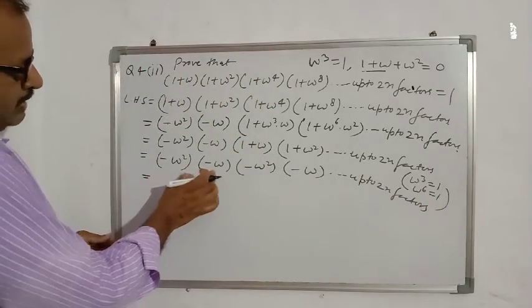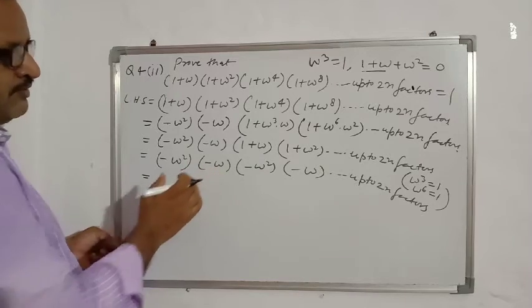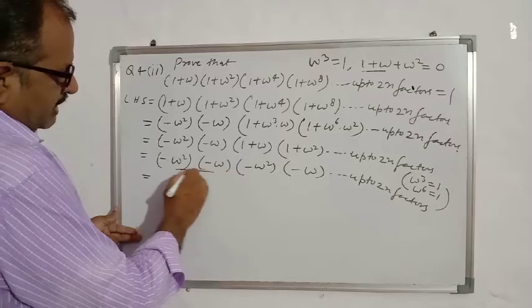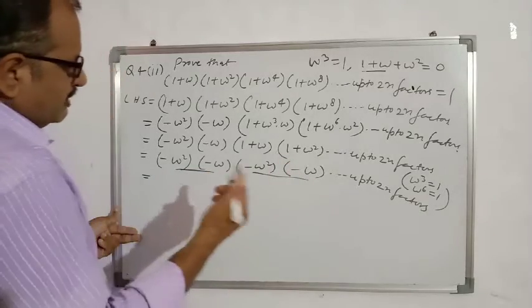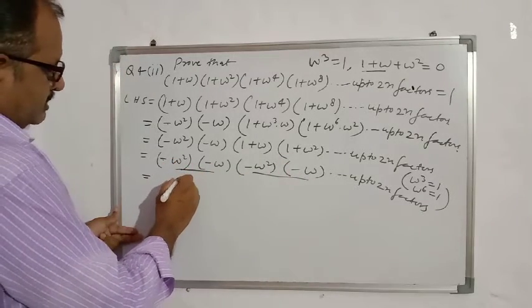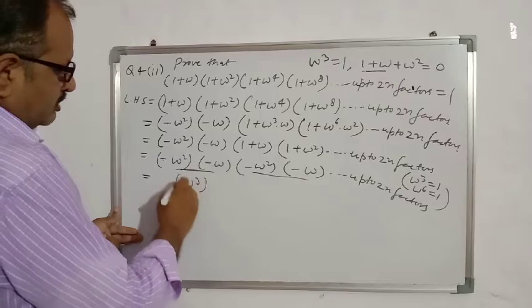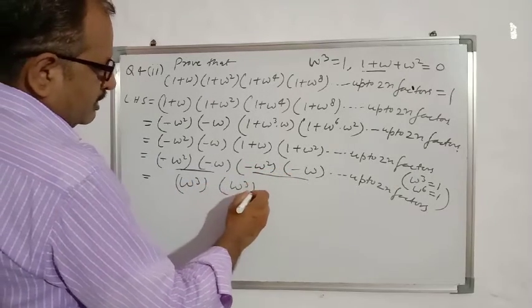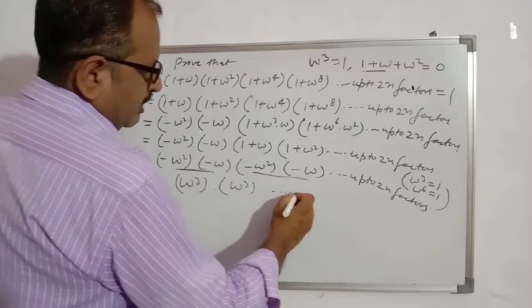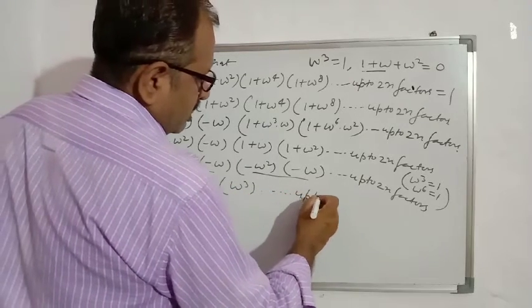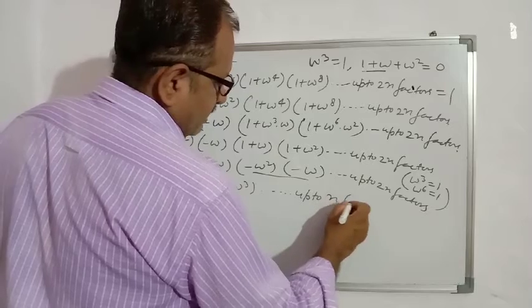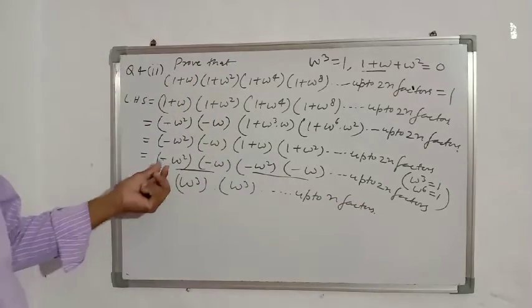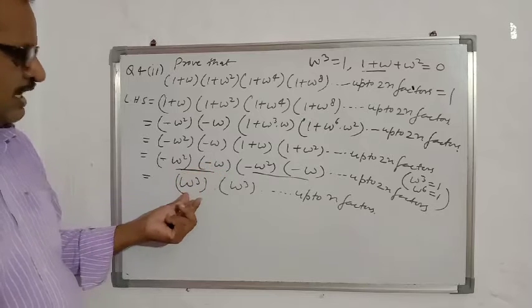Now we will multiply two brackets together, then we will get a single bracket. Minus into minus plus, it will be omega cube, and so on up to how many factors? n factors, because I have taken two brackets together as one bracket.